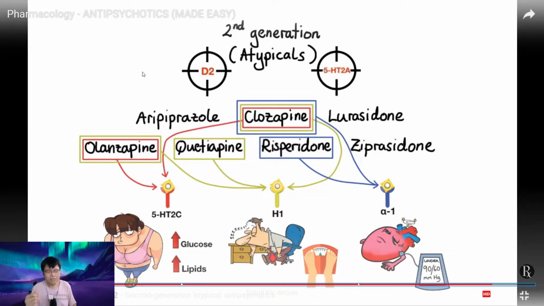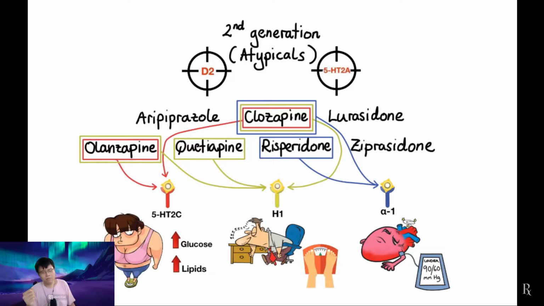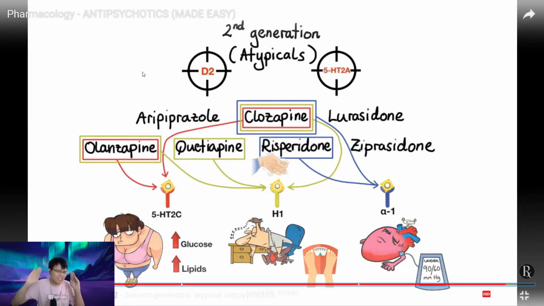In addition to that, out of all second-generation agents, risperidone seems to have the strongest affinity for D2 receptors. Because of that, it has the highest potential to induce extrapyramidal side effects. Thank you, Speed Pickle. I love you, Speed Pickle, because this is something that's missed when you start using the typical, atypical differentiation.